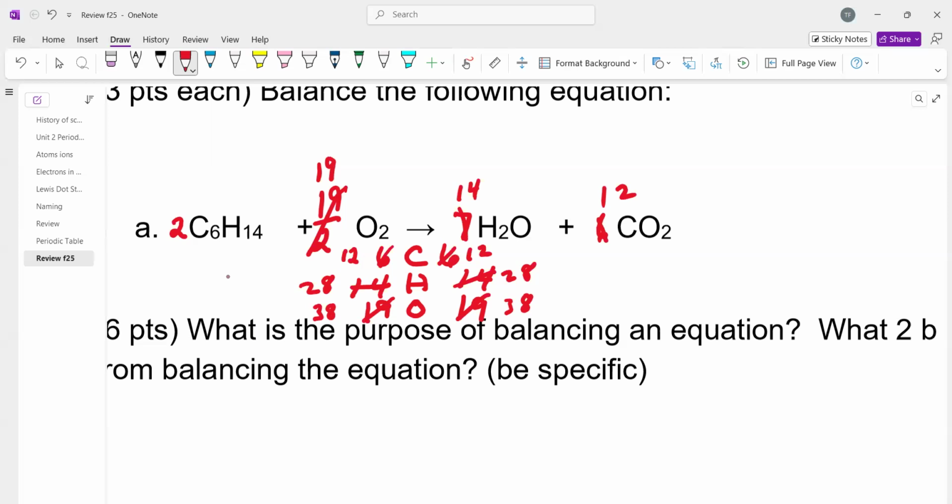And remember, assume all equations are unbalanced. All equations, regardless of whether we're working with single replacement, double replacement, always check. So what's the purpose of balancing an equation? There are two reasons you balance the equation.